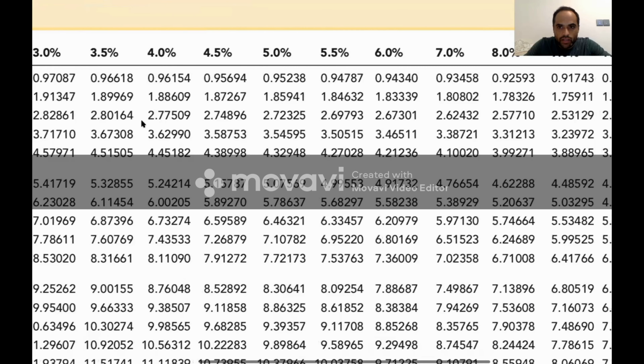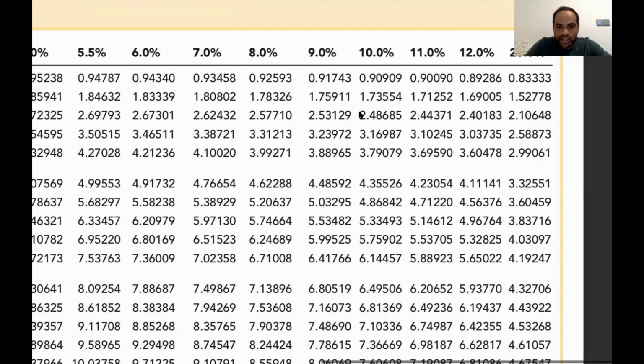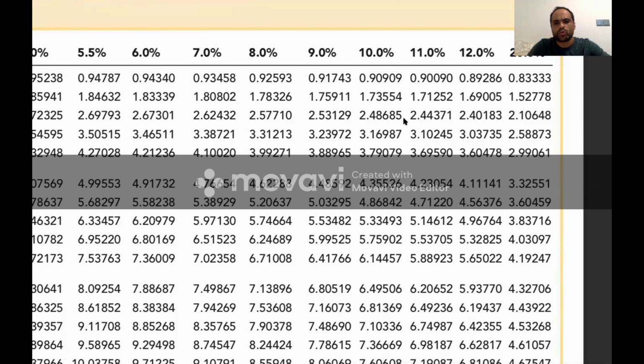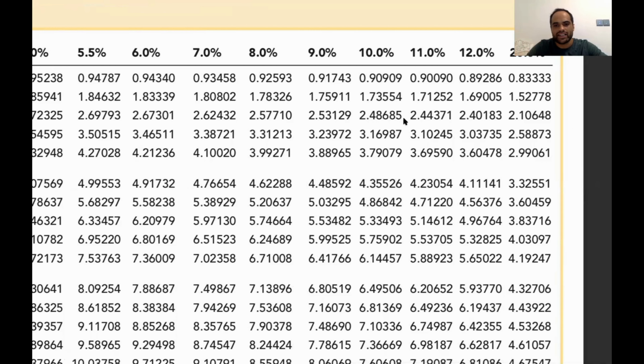So 3 is here, 2.48685. You don't have to write all big numbers, so maximum 3 decimals. So 2.487. That's it. Maximum 3 decimal, that's fine. Not 2 decimals here, 3 decimals. So this is the table value.